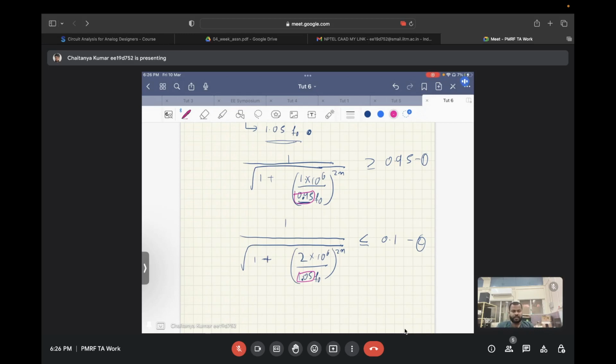For the second constraint, in the band stop, your response should be less than some value. In this, the worst case is that your central frequency is increasing. Based on that, you got these coefficients, and now you can proceed as you did in the first part. I hope it is clear now.